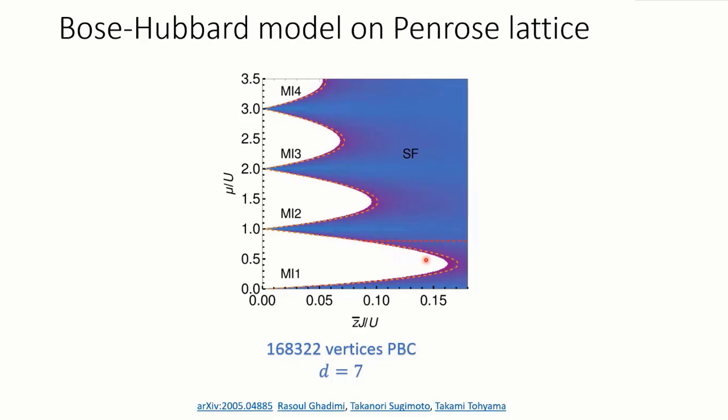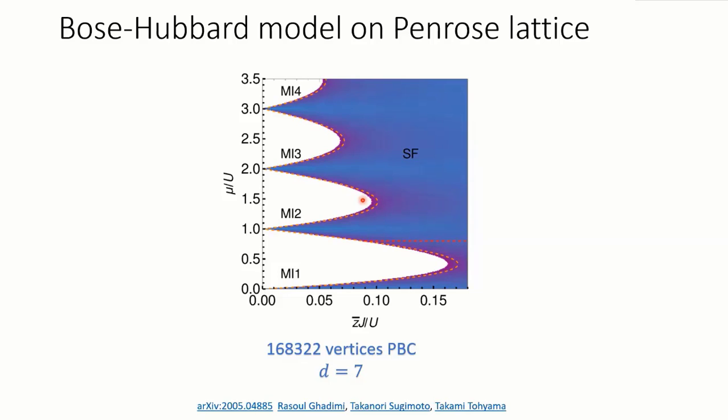But if you compare the phase diagram of the square lattice and the Penrose lattice, you can see there is no significant change between these two different structures. So it seems that removing the periodicity did not change anything in the phase diagram.